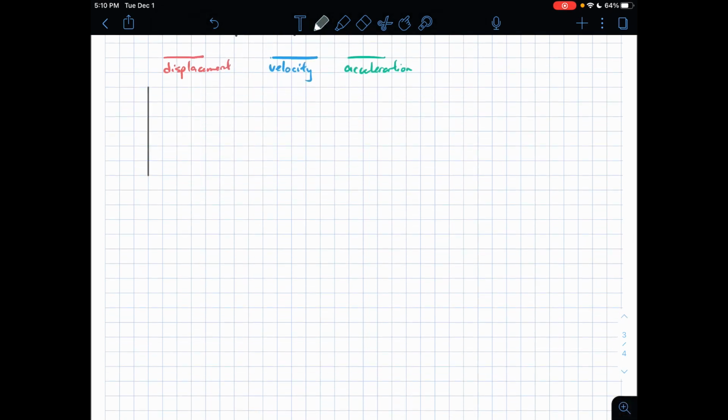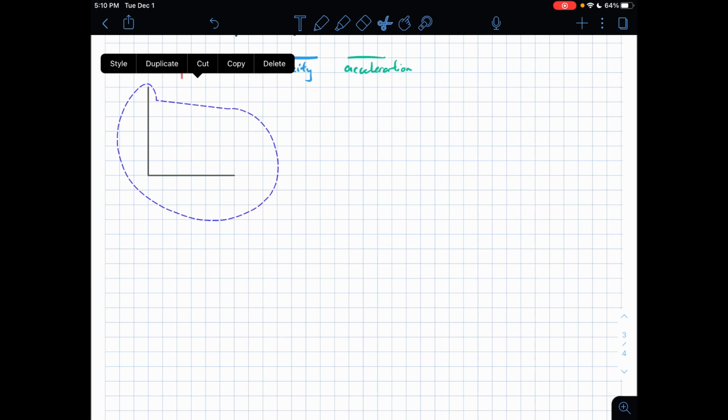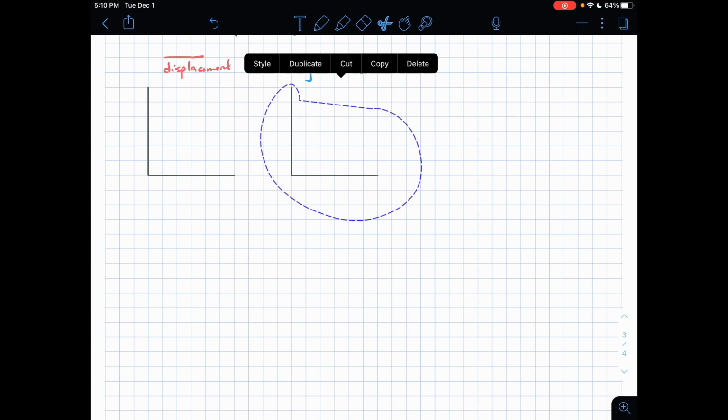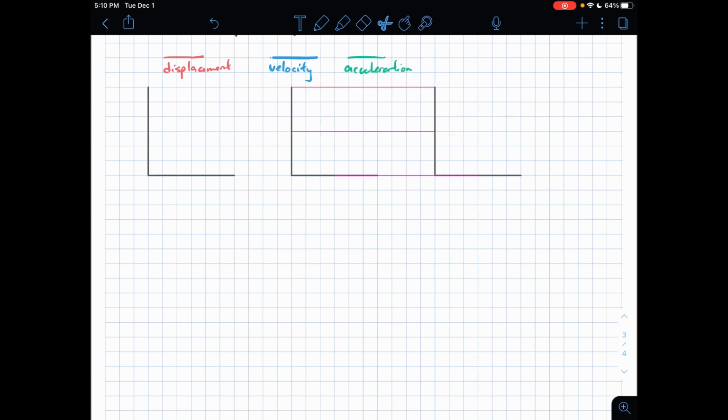Let's go over a few scenarios using graphs here, okay? So that's good. The first graph is going to be a position time graph, and here we're going to plot our displacement. The second graph is going to be a velocity time graph, and that's obviously where we put our velocity.